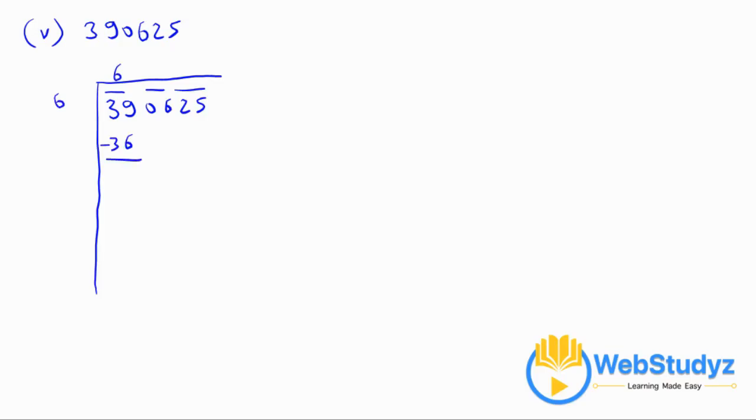Subtracting from 39, we get 3, and 06 is brought down. Doubling the value of 6, we get 12. If we take 2 and multiply by 2, we get 244. Subtracting this, we get 6225.